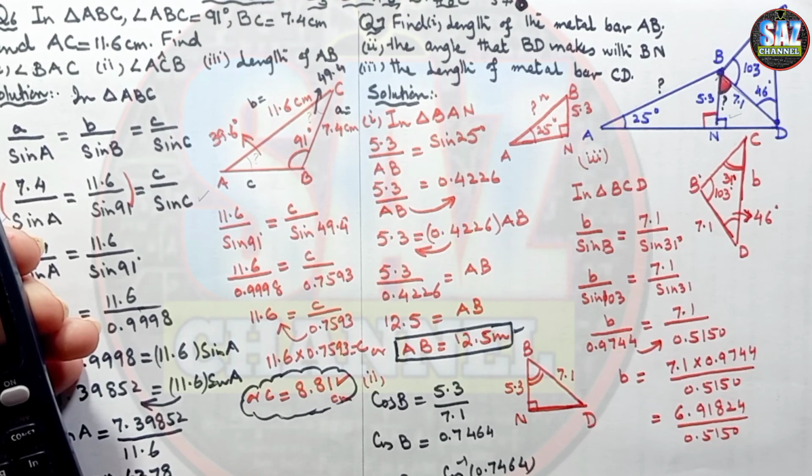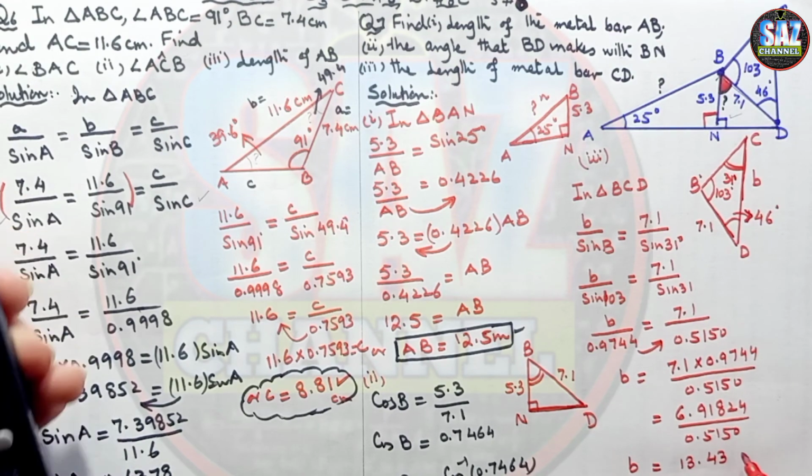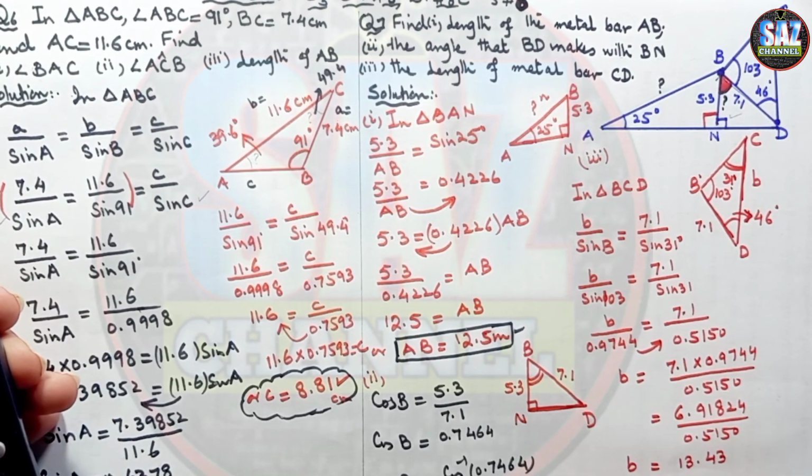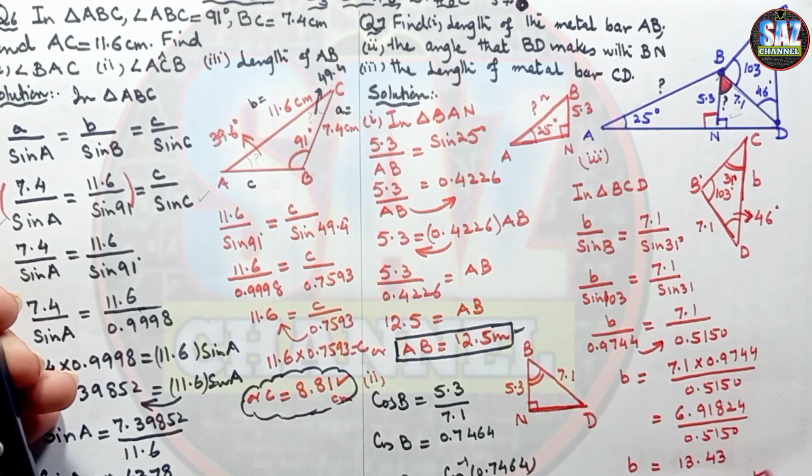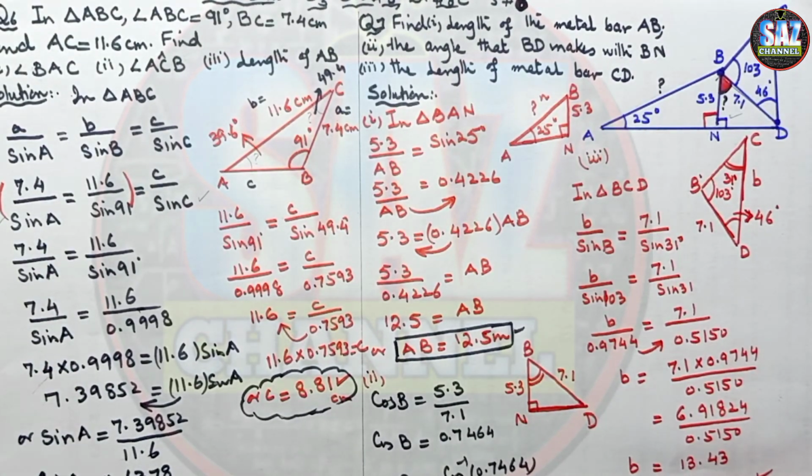Now divide it finally, and b equals 13.43. The measurement is in meters, so b, which is actually CD, equals 13.4 meters.